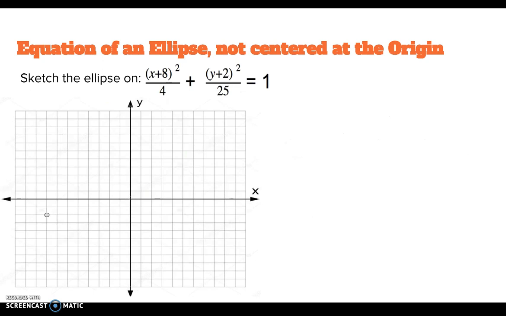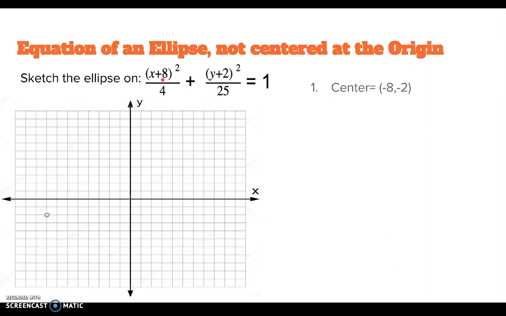So this is the equation of an ellipse not centered at the origin. Let's sketch the ellipse in this form. We have 4 under the y-axis term and A. So we have the center. Our center is going to be -8 and -2, and we can see that from here. h and k are going to be our center, we see here 8 and 2, and always we're going to get the opposite sign.